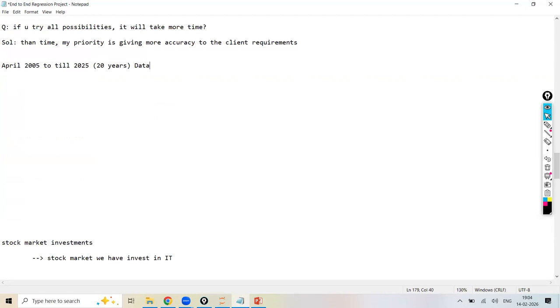Day after tomorrow again India is a friend, next day again India is an enemy. So every day some news will be there. But what we are having is only 20 years of data. In this, news is not included. There is no text data. It is pure structured data.